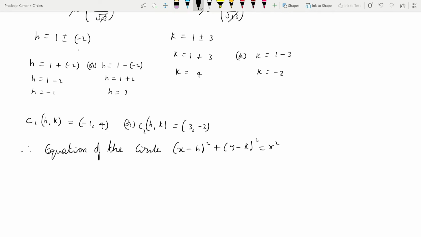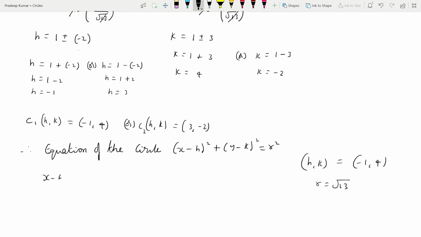So now here I'm just taking the first circle point and I'll just substitute over here. Even we have the radius, which is root 13, so I can write here first circle, which is h comma k, that is minus 1 comma 4. So here in the place of h I will substitute minus 1, in the place of k will substitute 4, and also r, the radius is root 13, will substitute, and we'll see what we get.